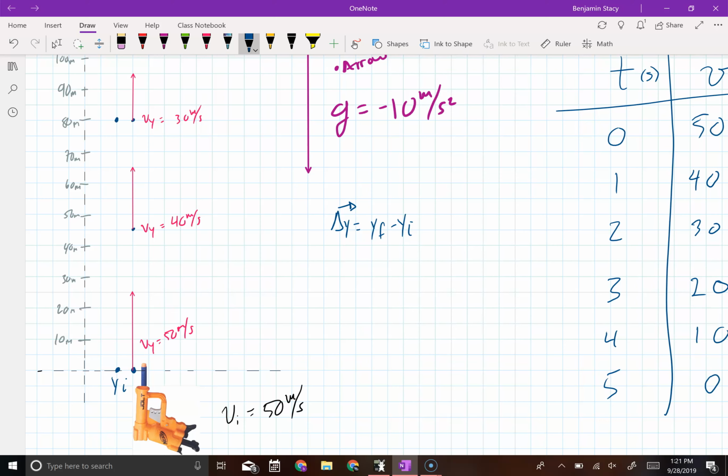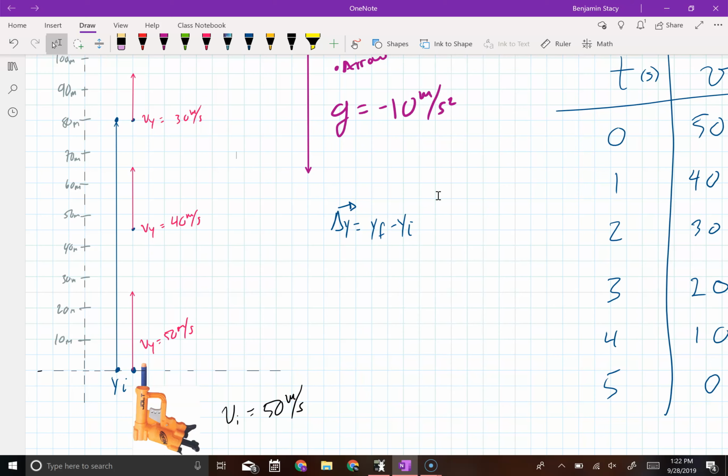I'm just drawing it to the side so we see it without covering up our other arrows. Then we would have a nice blue vector arrow for displacement going from, notice the tail goes from where we start and the arrow points to where we end up. That arrow is important which way it faces because it tells us our direction for that vector. So in this case, from 0 to 2 seconds, my delta y is a positive 80, and I can represent that with the length of the arrow going from 0 to 80.